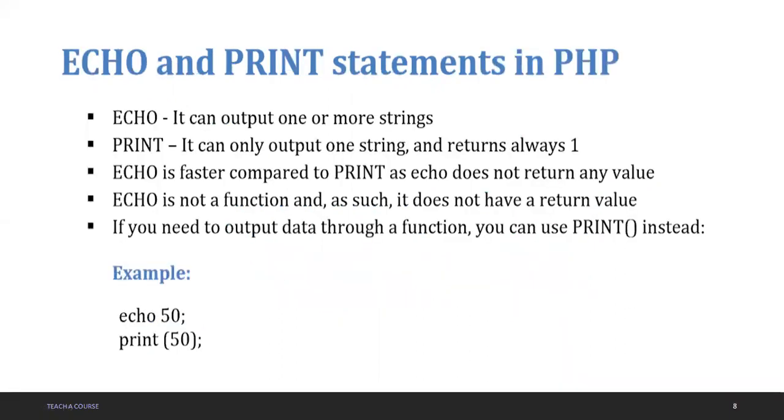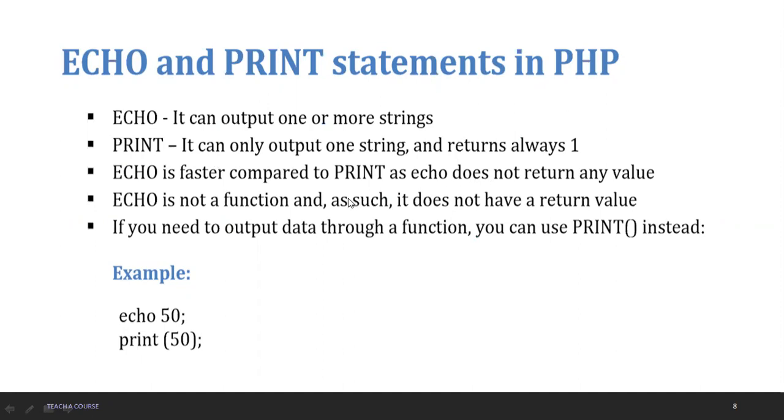There is another statement to print values in PHP, that is the print statement. Both echo and print do the same work. The difference is that echo can output one or more strings, but print can only output one string and always returns one.